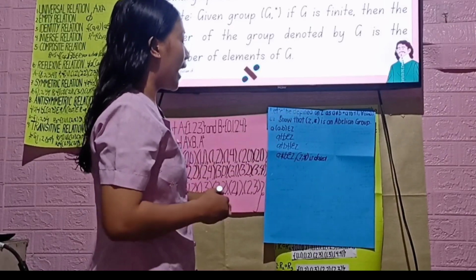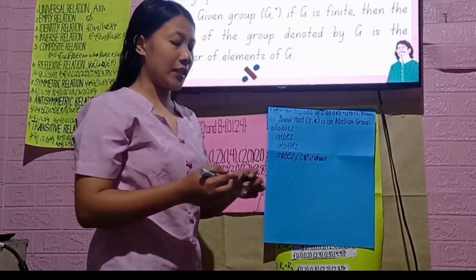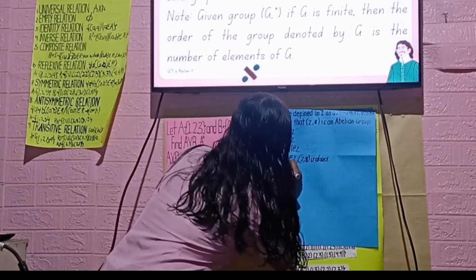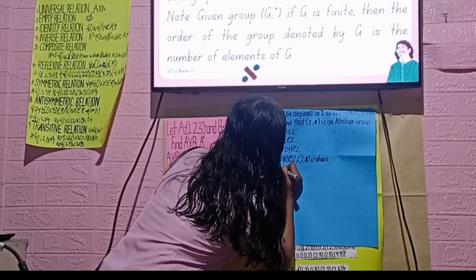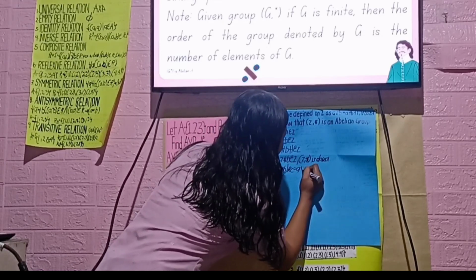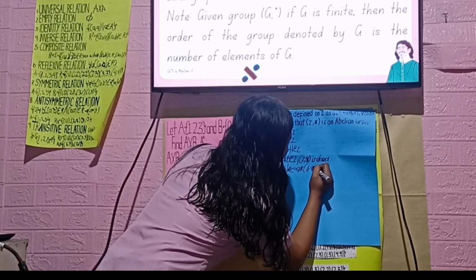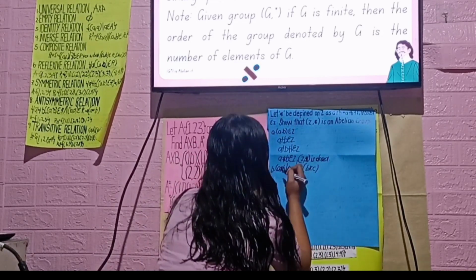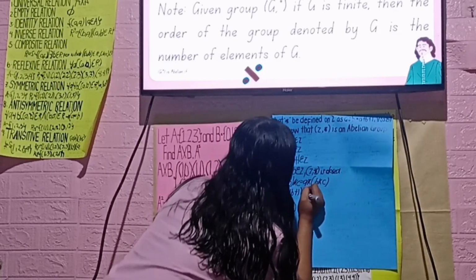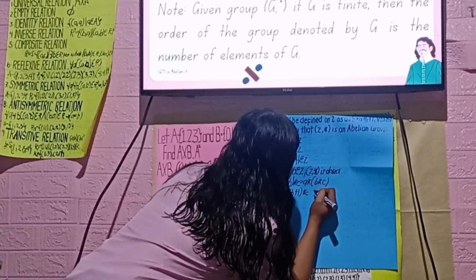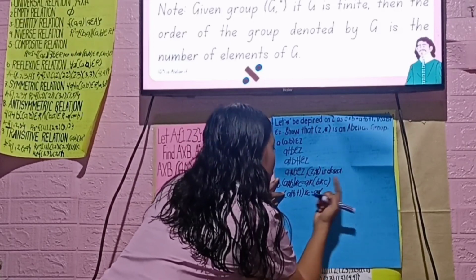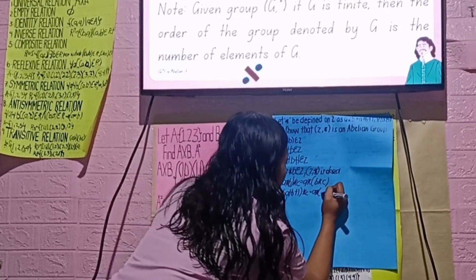Next, we need to prove that it is associative. In associative, we have A star (B star C) is equal to (A star B) star C. First term: A plus B plus 1 star C is equal to A star (B plus C plus 1).